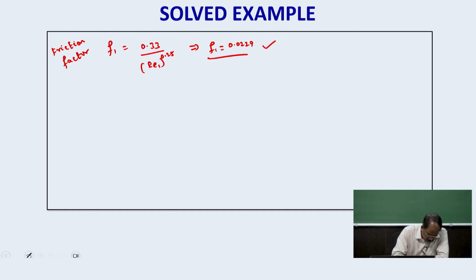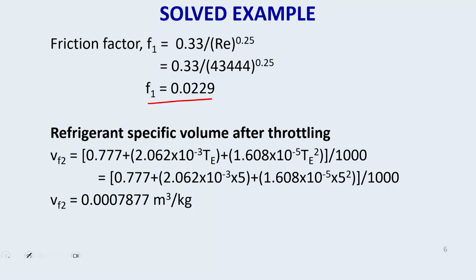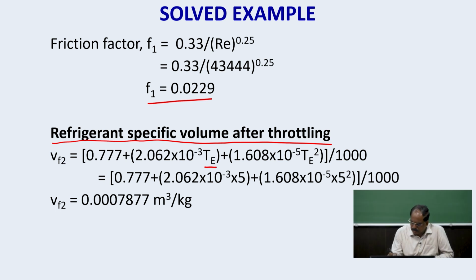So refrigerant specific volume after throttling. Here I will be substituting the evaporator temperature. Before throttling, we substituted the temperature of the condenser. So here we have to substitute the temperature of the evaporator, which is 5 degrees centigrade.